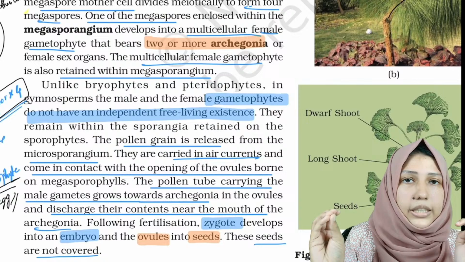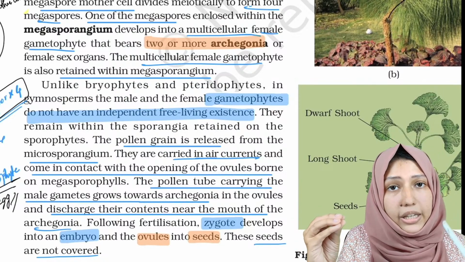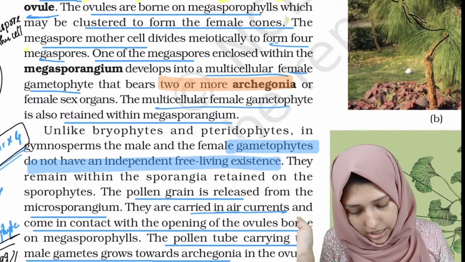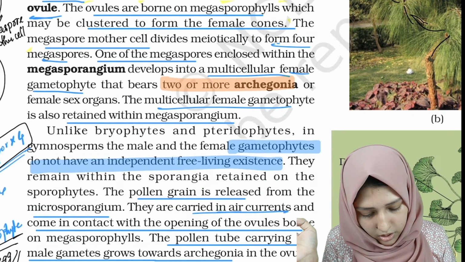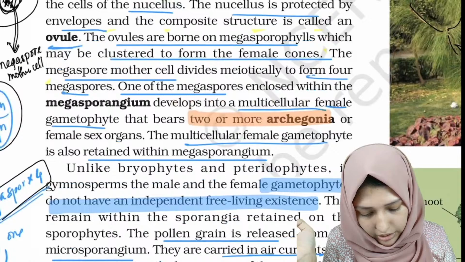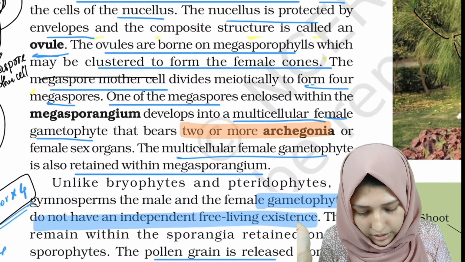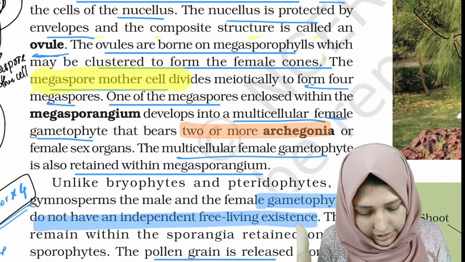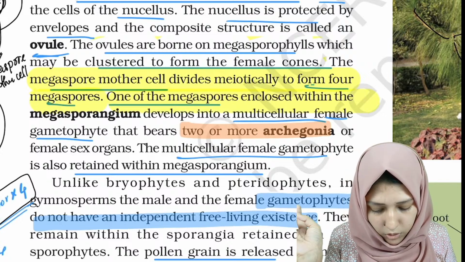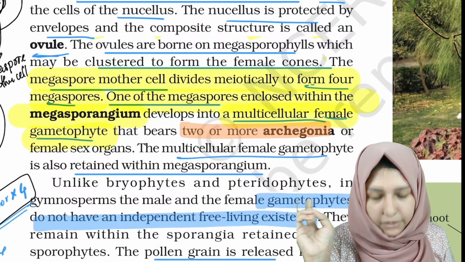And as we said in pteridophytes, the female gametophyte is retained inside the female sex organ itself. Here also the same happens. See, the megaspore mother cell divides meiotically to form 4 megaspores, and one of the megaspores inside the megasporangium will develop into a multicellular female gametophyte.